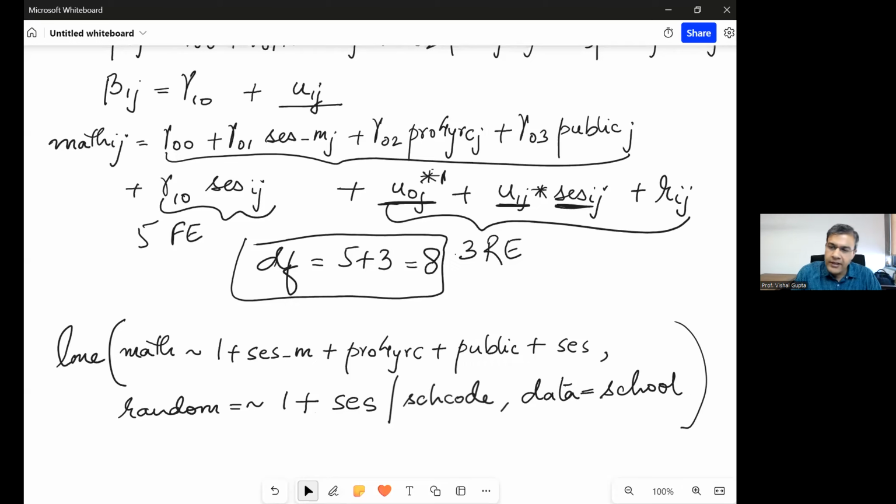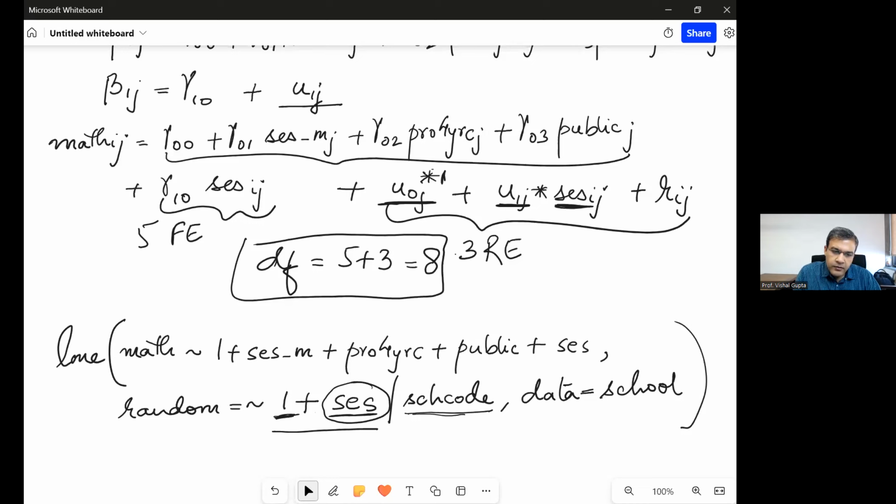Is this okay? Very simple. We are saying 1 plus SES and it varies per school code, and that means both 1 and SES vary per school code. That means there is going to be a random intercept, and the slope associated with SES is also going to randomly vary across schools. That is what we are saying when we write this command.